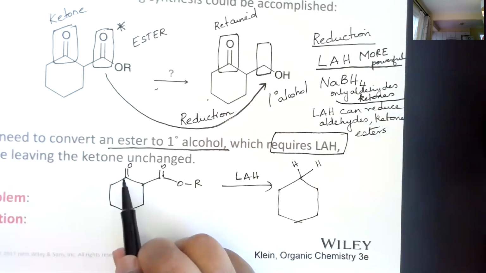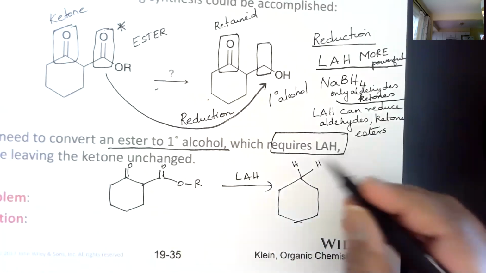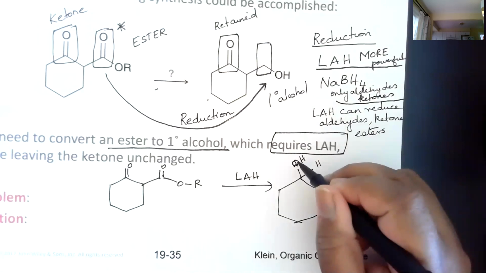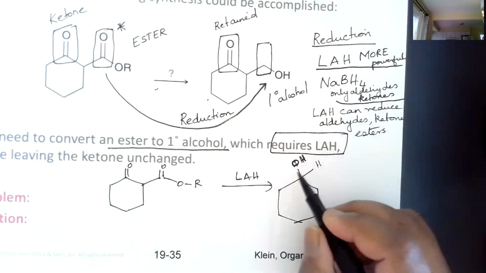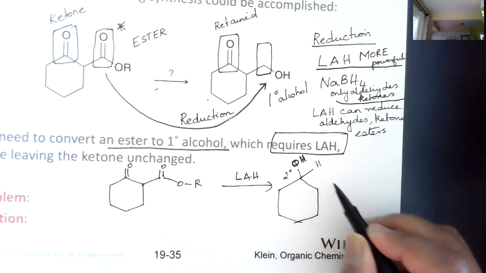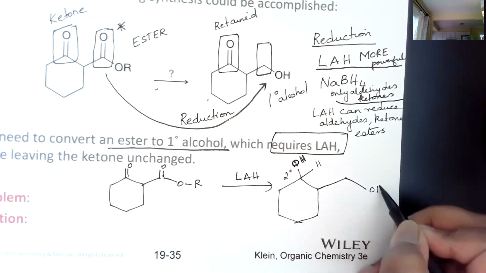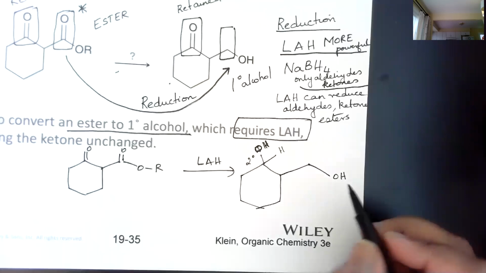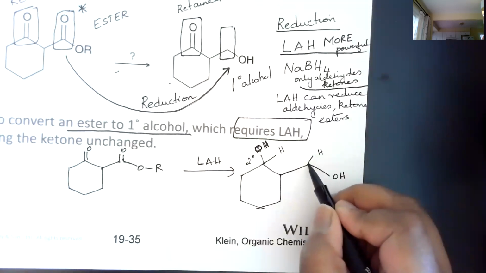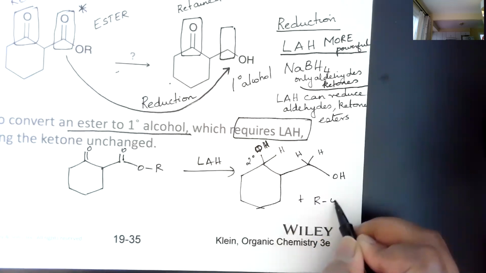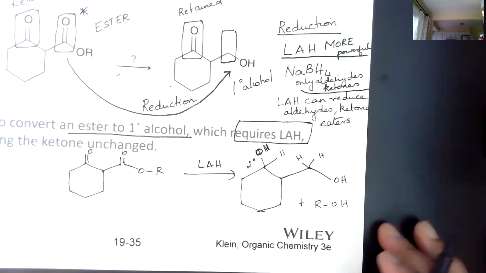I'm sorry, that's a ketone, so it becomes a secondary alcohol. I spoke too soon there. It's a secondary alcohol here, and on this side it becomes a primary alcohol. And then you'll have an ROH molecule. So this is what you would get.